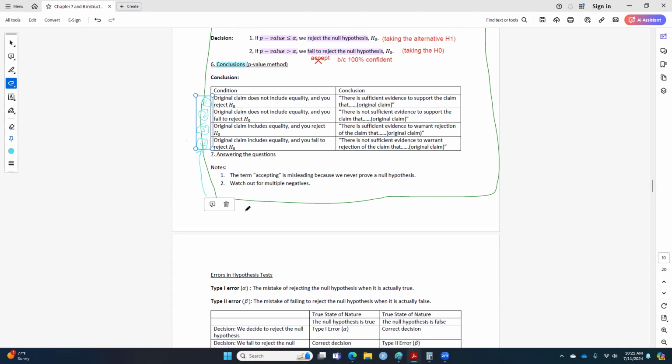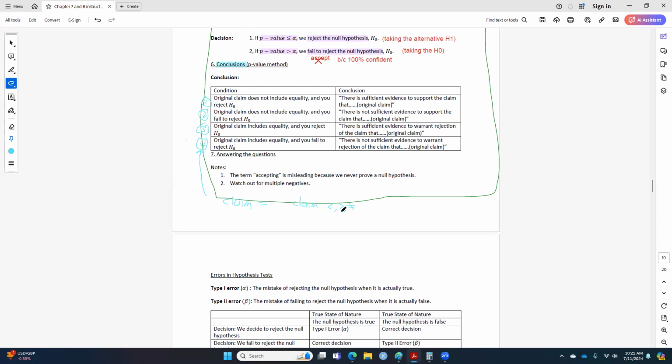First, when you want to draw a conclusion, we will have to use your claim. First thing you ask yourself is about your claim statement. Does your claim statement have equality, or does your claim statement have a less than, greater than, or not equal sign?